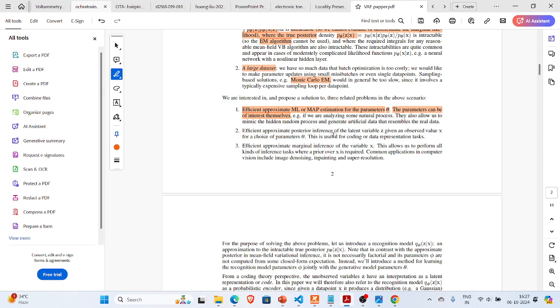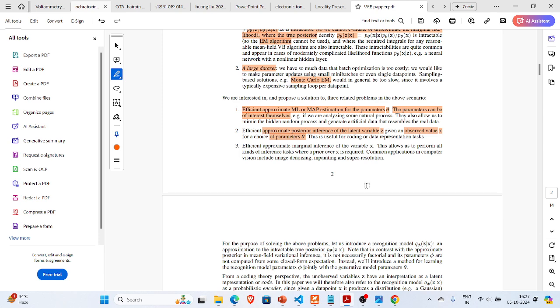Next, given an observed value x, and given that we also have some value of theta, we are finding the approximate inference value of z.